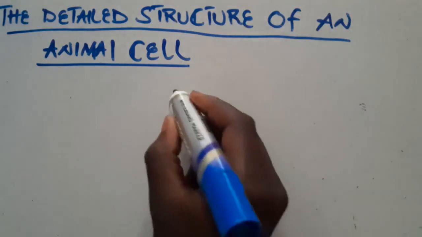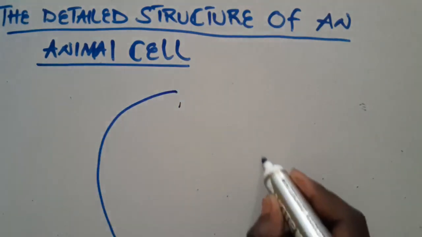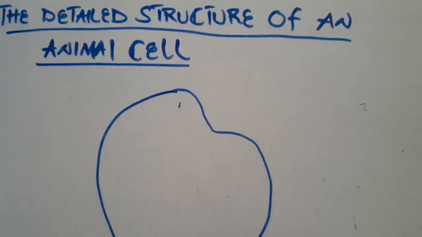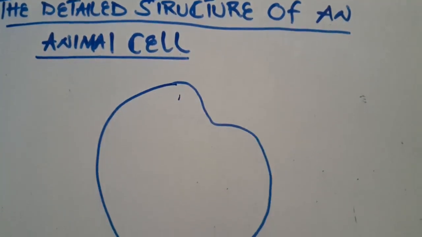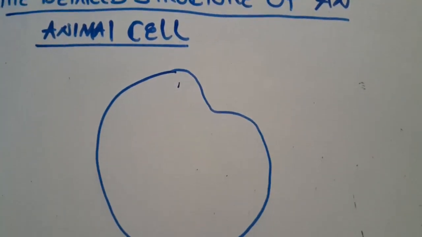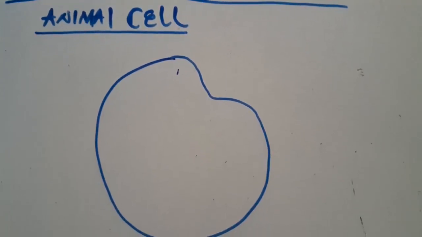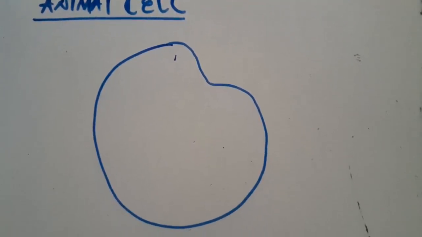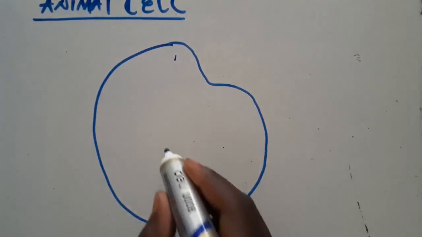So this is the structure of an animal cell, and the shape of an animal cell is irregular, like this.